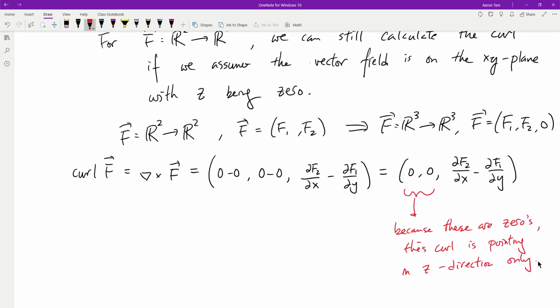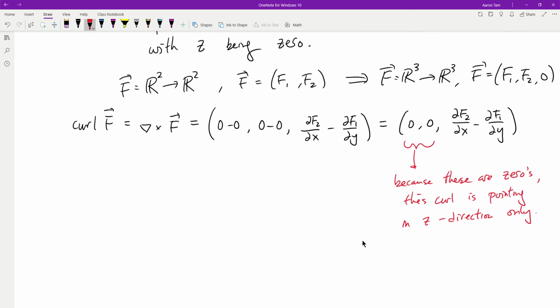And because of the fact that these two are 0, the length of this vector is actually just simply equal to this last coordinate, whatever this value is.